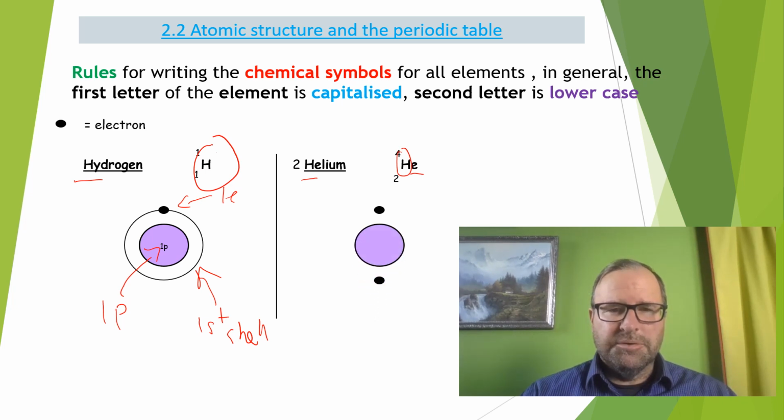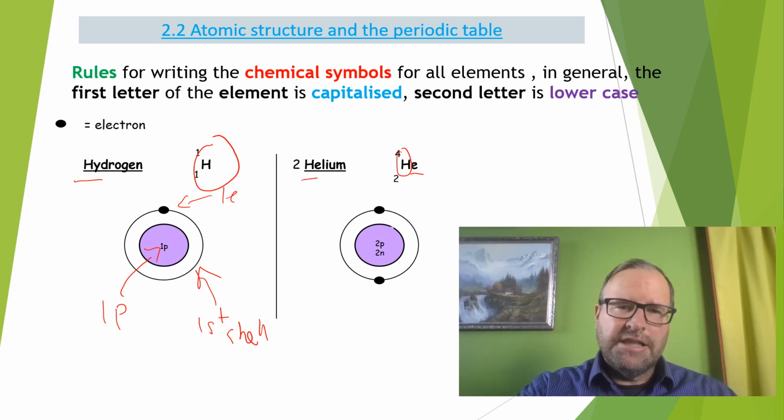You can see we increase by 1 electron in the outer shell. So now we've got 2 electrons, and that's equal to 2 protons. So helium has 2 electrons in the outer shell, that's full. You can see it's got 2 protons and 2 neutrons there in the center.